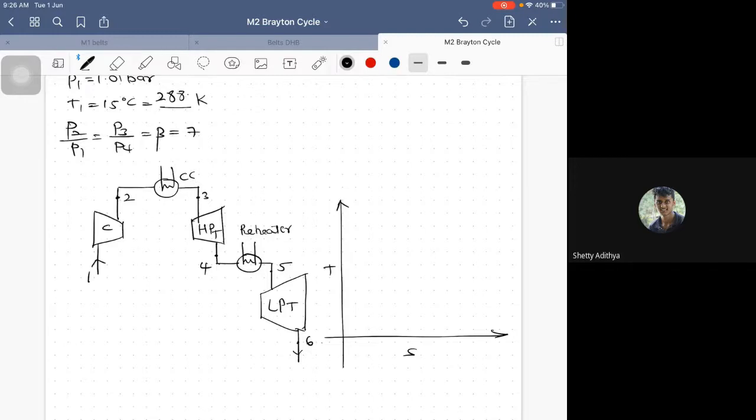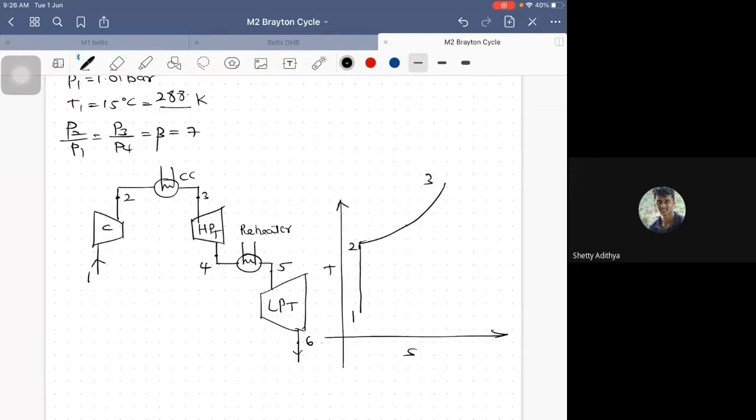From 1 to 2, isentropically, that means adiabatically, it would compress. From 2 to 3, what happens? The heat addition process takes place isobarically, at constant pressure. So that is why it is a curve in a TS diagram.